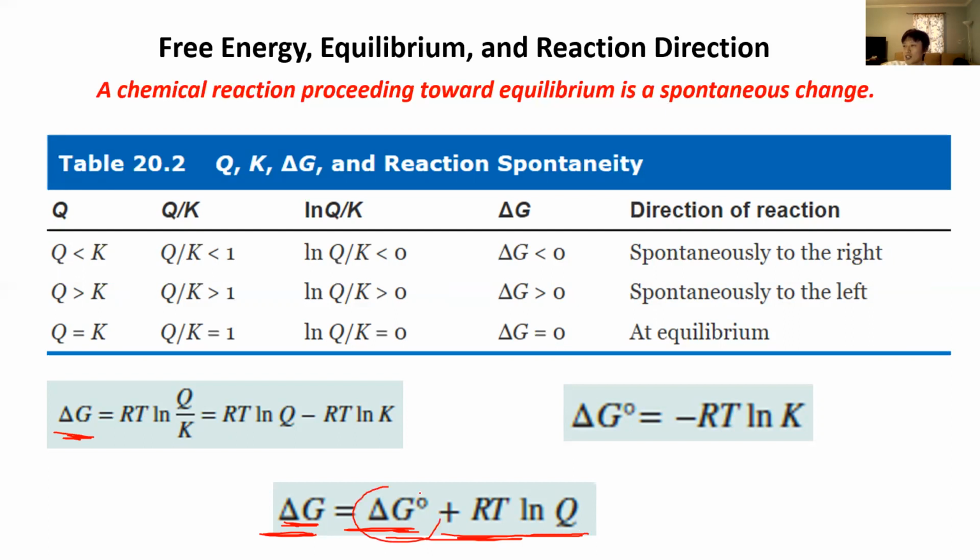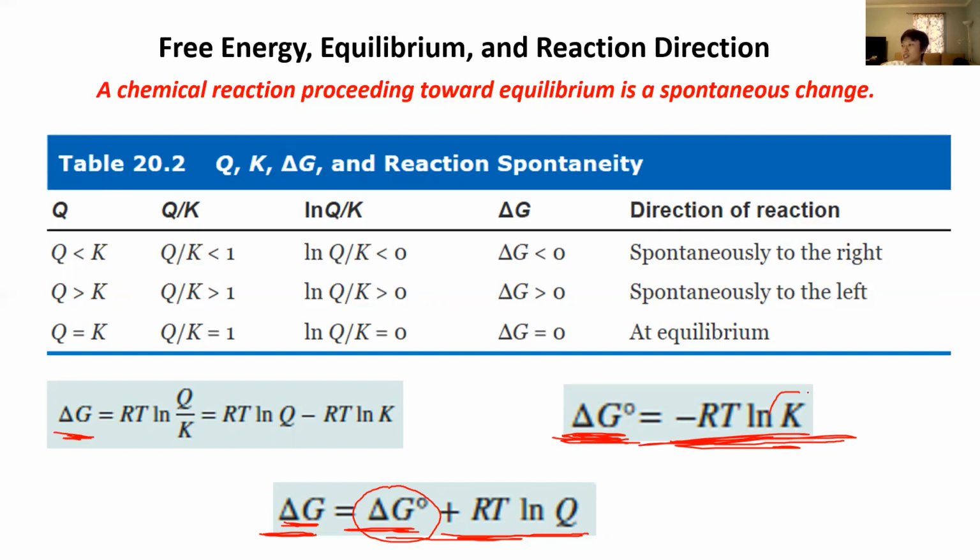And for the standard delta G, again, you can use appendix D to calculate it. At standard state, the standard free energy delta G is actually equal to minus RT natural log of K. So that means at equilibrium, this standard free energy is related to the equilibrium constant of the chemical reaction.